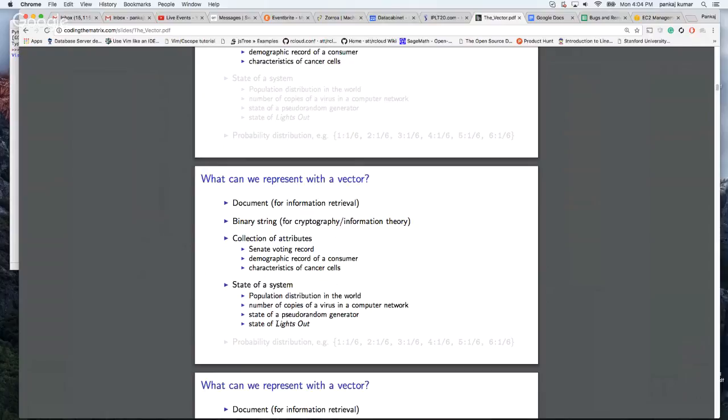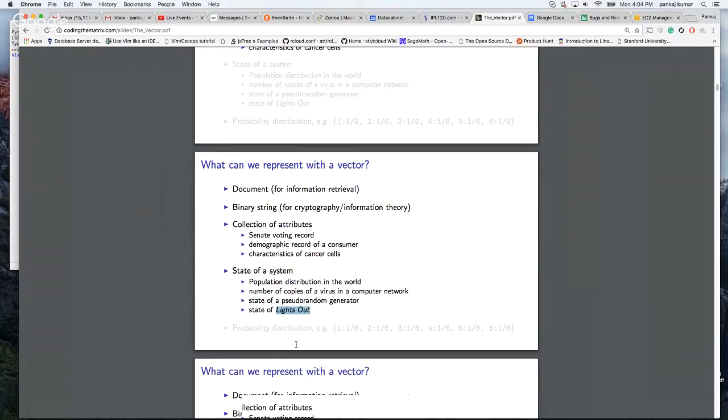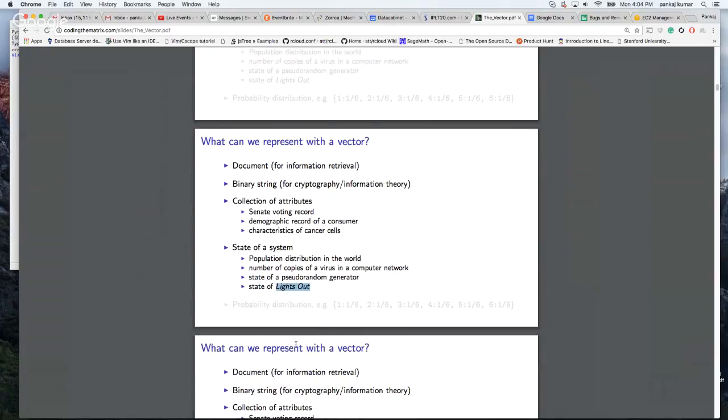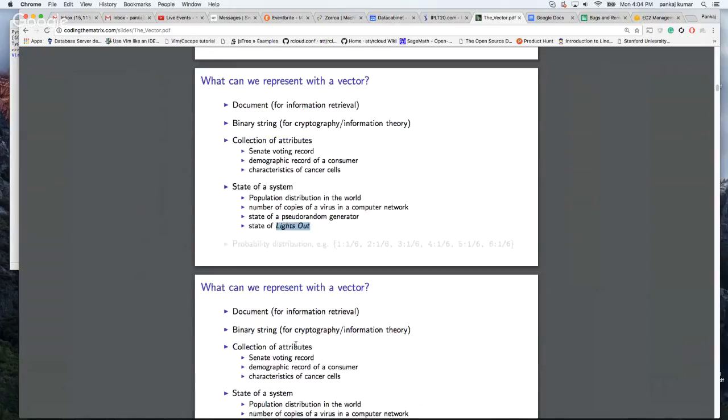And there is a game outlined, Lights Out, in the book, where you have a kind of touchpad with multiple buttons, and every time you press a button, the button lights up or gets switched off depending on what the previous state was.